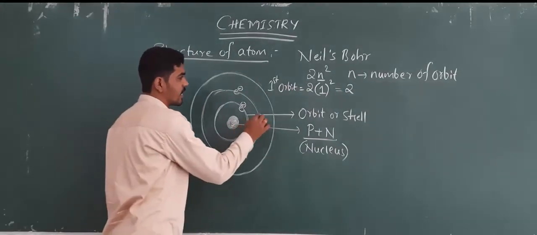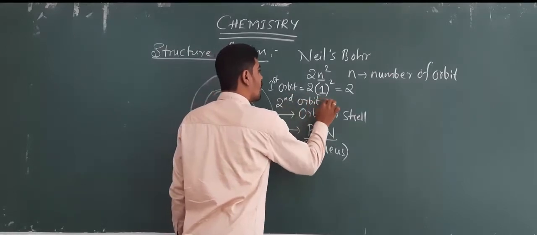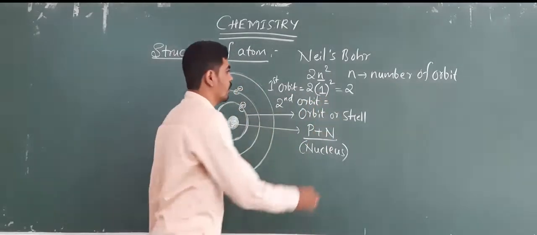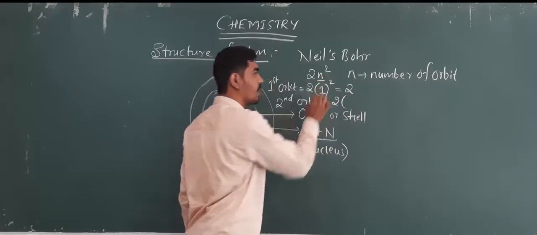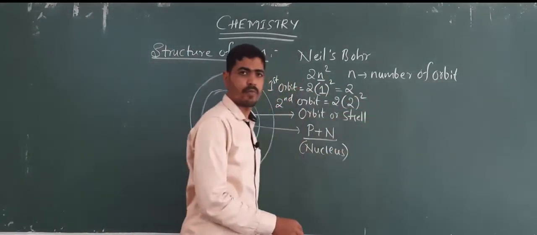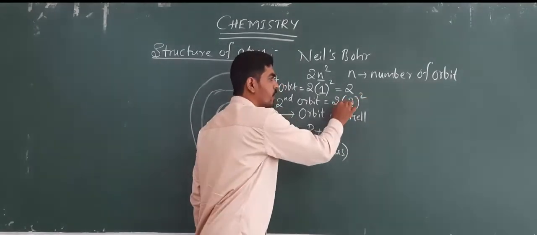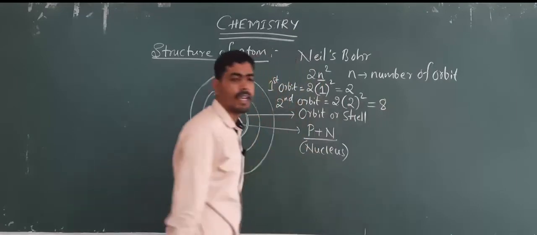And if I consider the second orbit, how many electrons will be present? 2 into n, where n means the second orbit, so 2 square. First square it: 2 2s are 4. 4 into 2 is equal to 8.